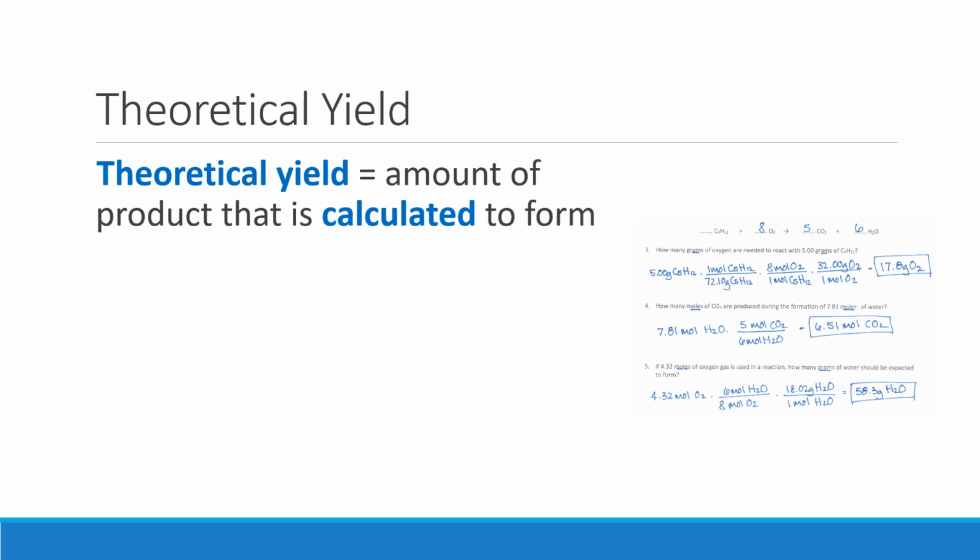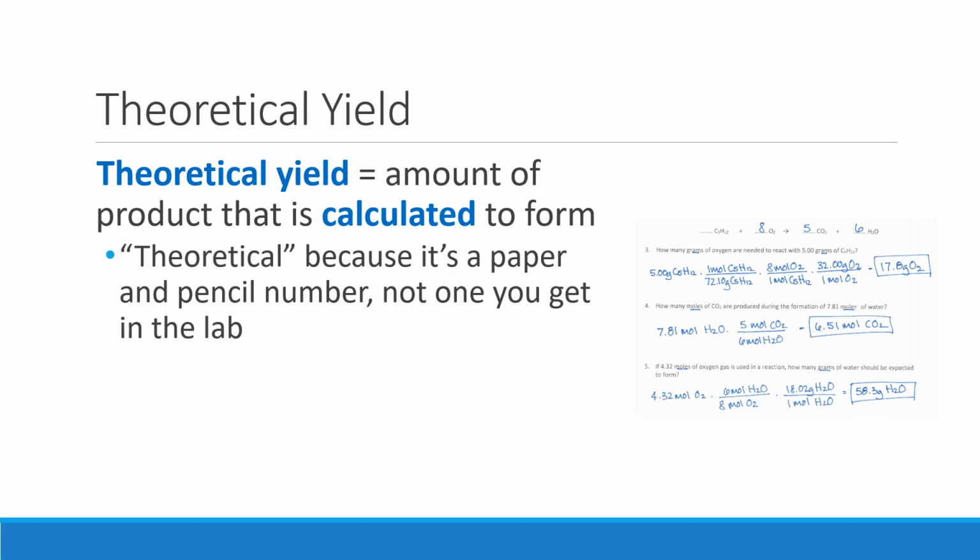Okay, so if you're not actually doing the reaction in the lab, but instead using a pencil and paper and the periodic table to calculate, like we just did in our warm-up, how much product would form, as long as we're calculating an amount of a product, that is a theoretical yield calculation. Right?